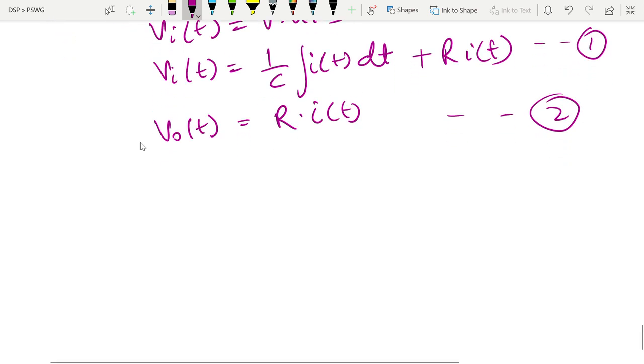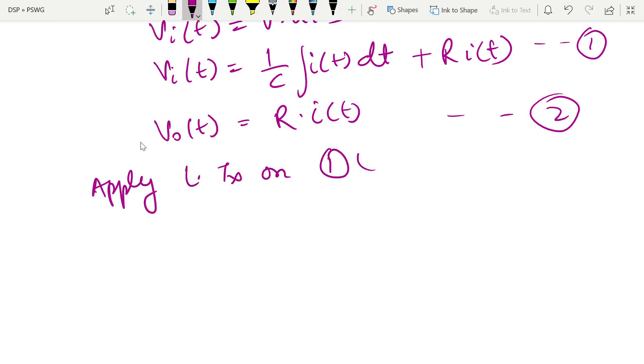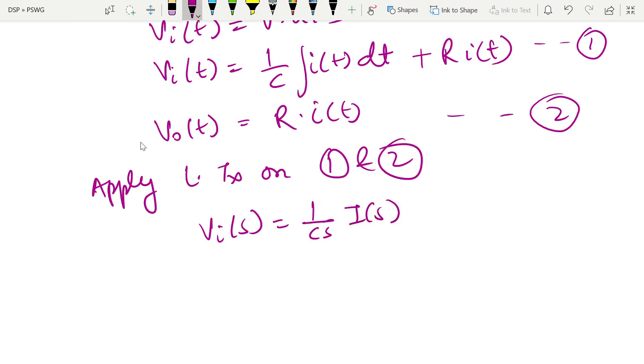To solve this, let us apply the Laplace transform on equations 1 and 2. The t domain is shifted to the s domain. Here it is an integration, and the Laplace transform of this integration is 1 by Cs times I(s), plus R I(s).